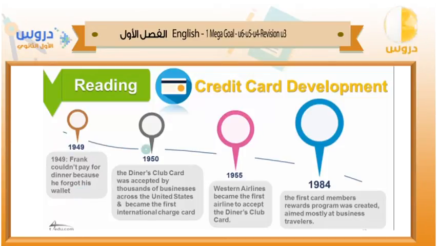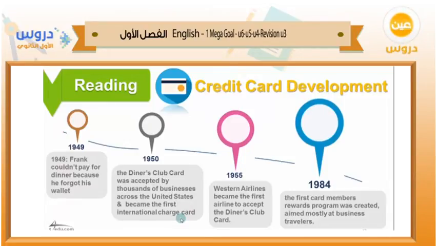So in 1950, he made a new card called the Diners Club card, which was accepted by thousands of businesses across the United States and became the first international charge card. So that was really the first. The Diners Club card was somehow the first credit card.